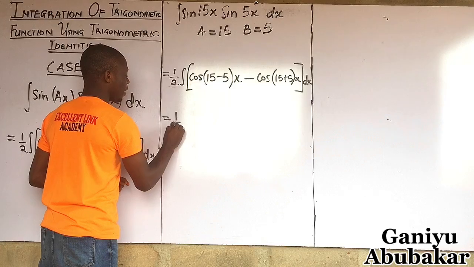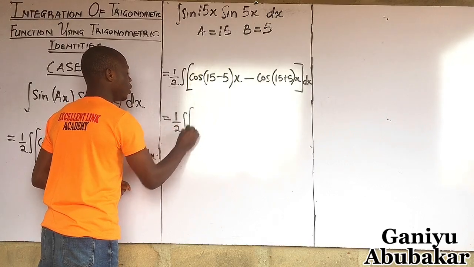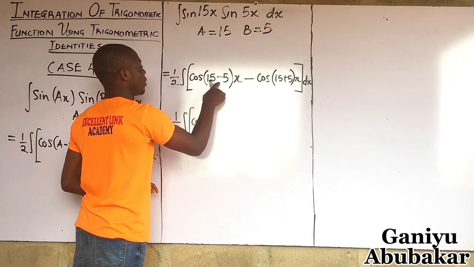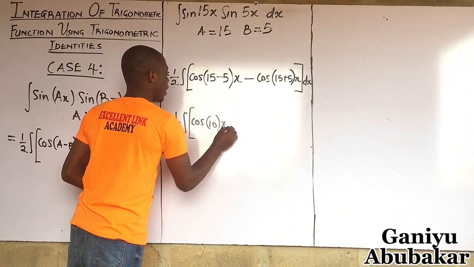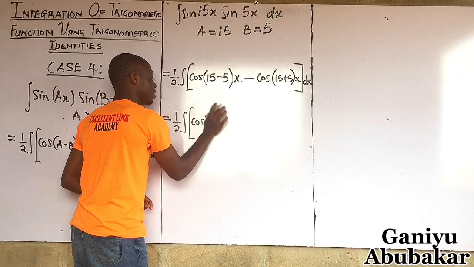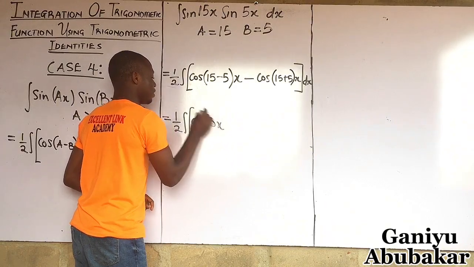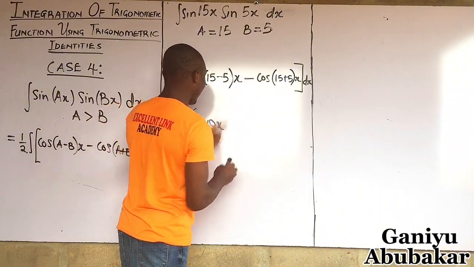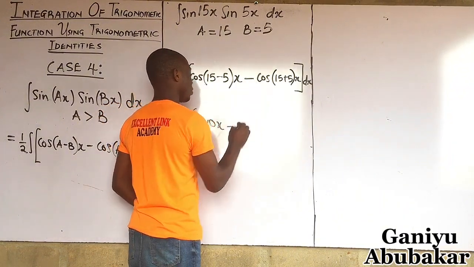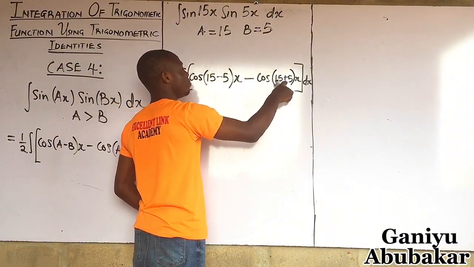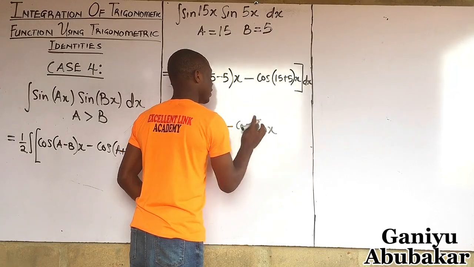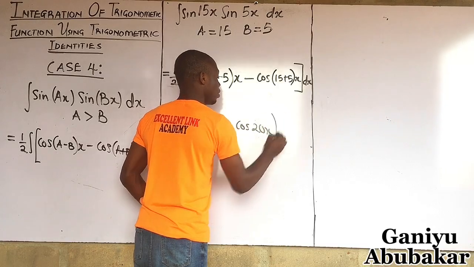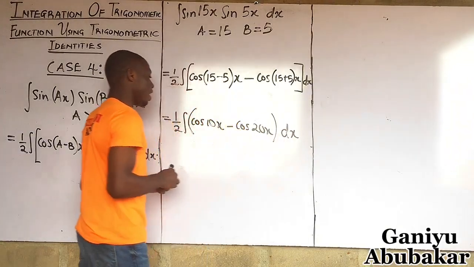At this point, what's your next task? Simplify. This is half integral of cos (15 minus 5 gives 10) 10x, in a round bracket, minus cos (15 plus 5) 20x, with respect to x.